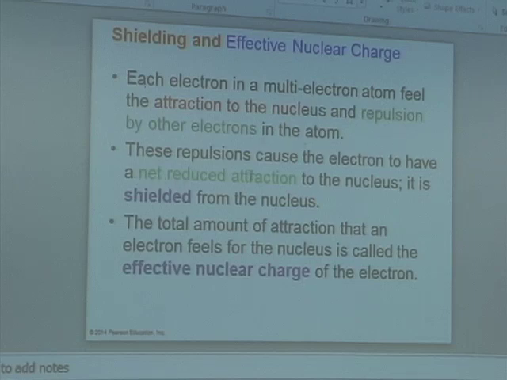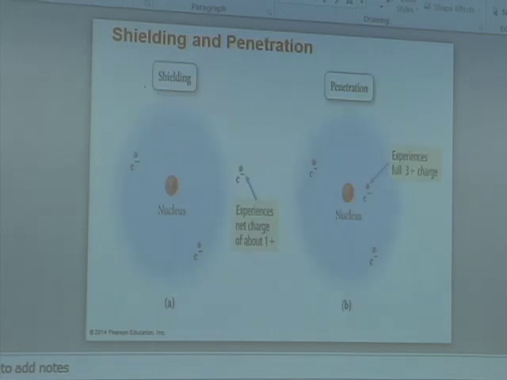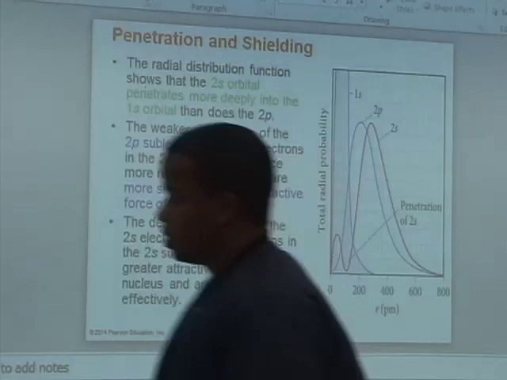So you get a net reduced attraction, and since you have lots of electrons, the outermost electrons are shielded from the nucleus, and you end up with an effective nuclear charge for the electron. And so here is a schematic of shielding and of experiencing the penetration of charges.